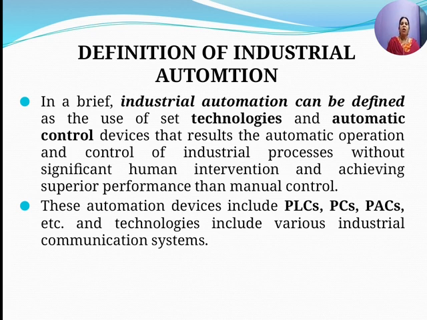So industrial automation can be defined as the use of a set of technologies and automatic control devices that results in the automatic operation and control of industrial processes without significant human intervention and achieving superior performance than manual control.